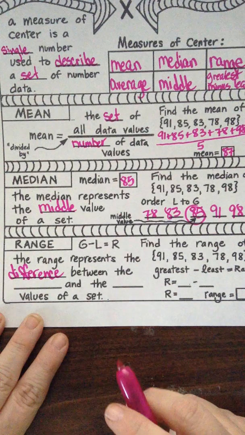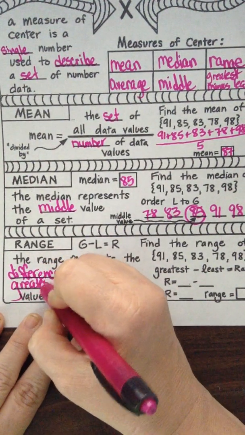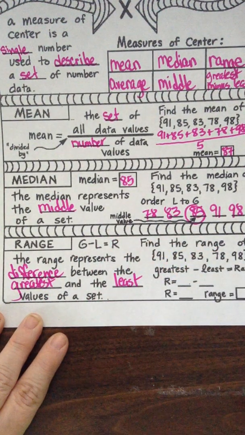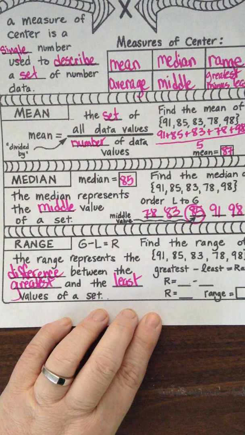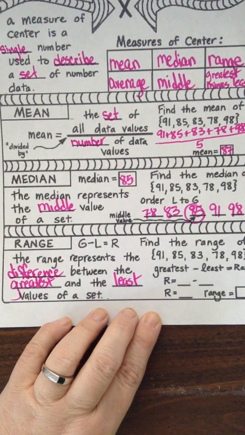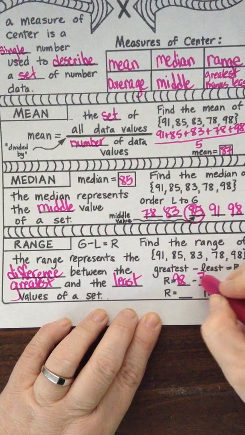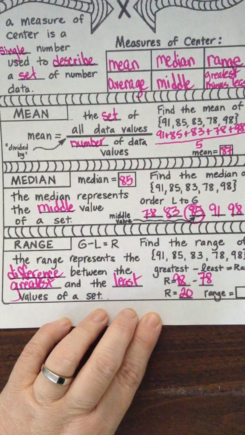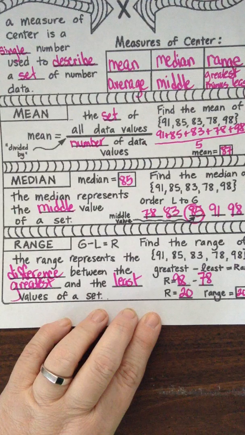The range represents the difference between the greatest and the least values of a set. Using the same group, we're going to take the biggest and subtract the smallest. So the range is going to equal 98 minus 78. 98 minus 78 equals 20. So the range is 20. Not too difficult, is it?